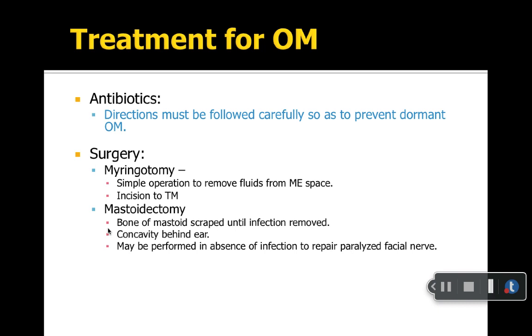They took out wherever the infection had gone in the mastoid bone, and there would be a concavity behind the middle ear. So part of the mastoid bone would be removed, the part that was infected. And that was a pretty common treatment for severe ear infections back at the turn of the 1900s and the 1910s and 20s.